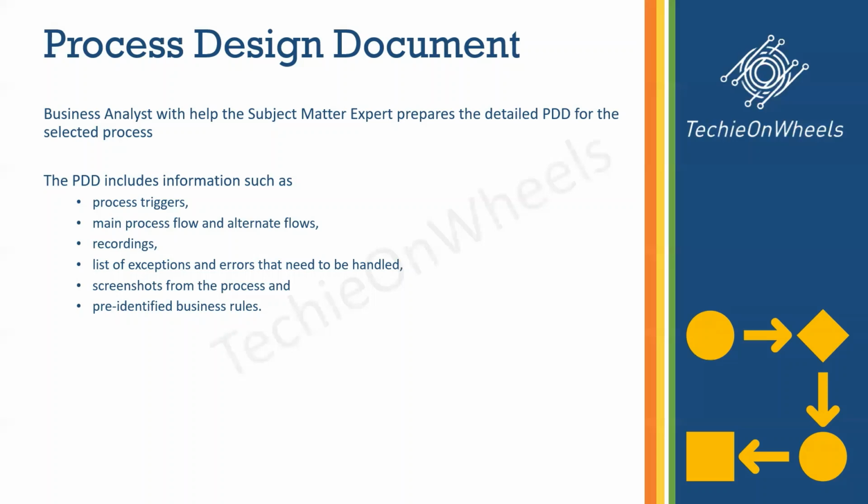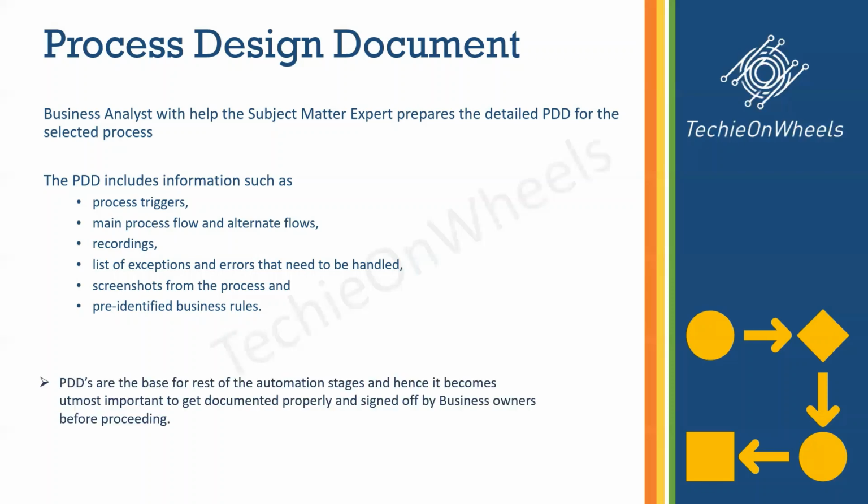The next is the screenshots of the process. The screenshots and the pre-identified business rules run side by side. Once we put the screenshot of one screen, on the other side we need to mention all the steps we need to perform from scratch, at the keystroke level. All these need to be included in the PDD.